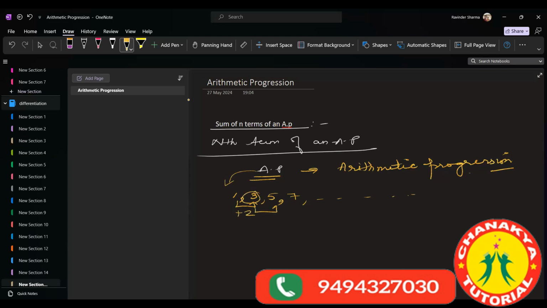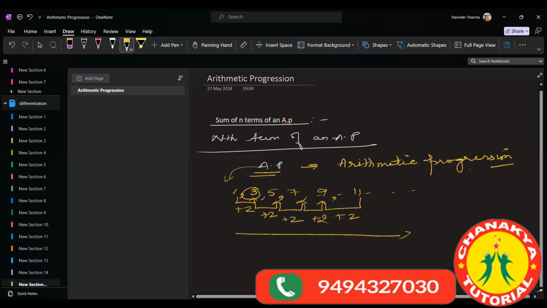When you add 2 to 3, you get 5. Then again, adding 2 to 5, you get 7. So on, you get 9, then 11 after adding 2. So in this way, you identify that when the common difference between two consecutive terms remains the same throughout the series, that is called an AP.